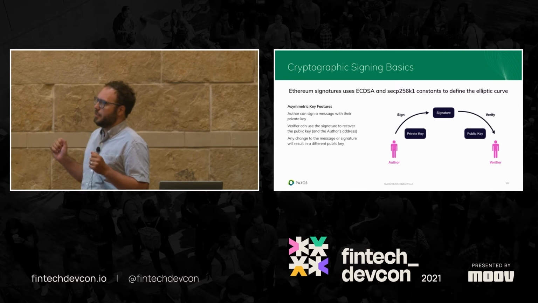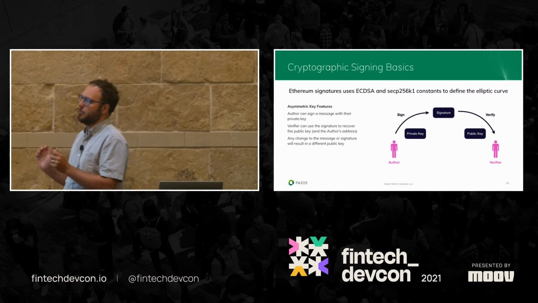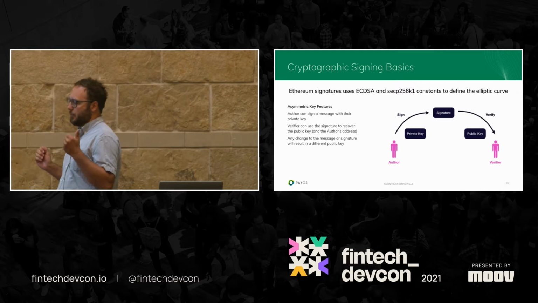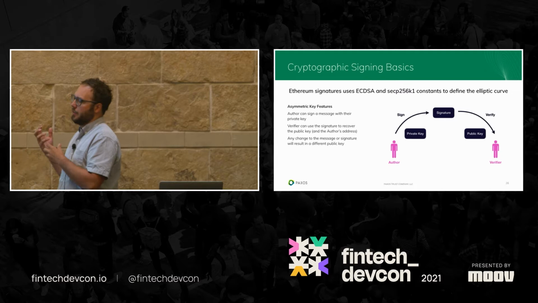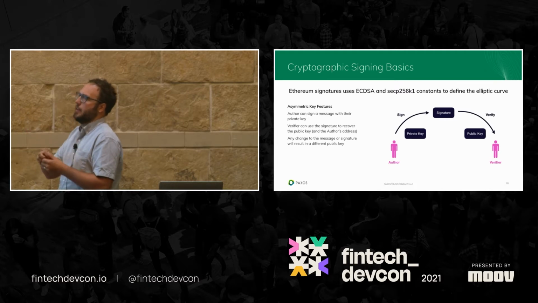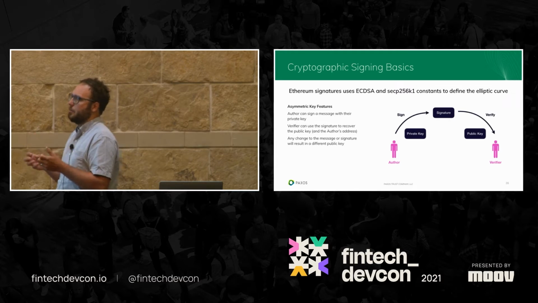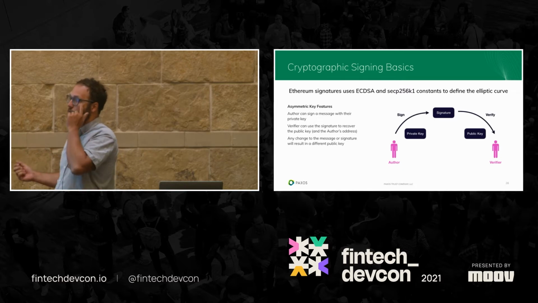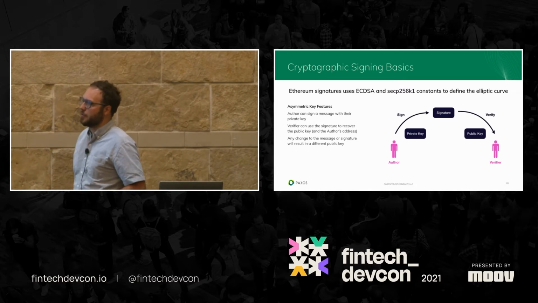How this works is, I won't go deep into the signing primitives, but the person who is publishing the transaction, which is like the from address, has signed that transaction, and it's possible for anyone else in the world to verify that they have signed that, to verify that the signature that they put on there maps to the public key that maps to their address, the address of the sender.